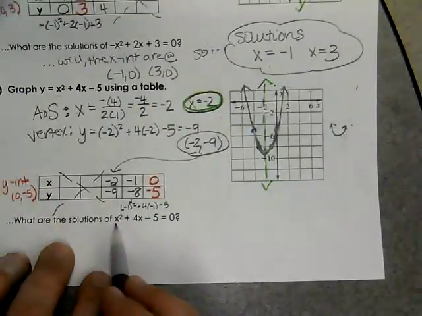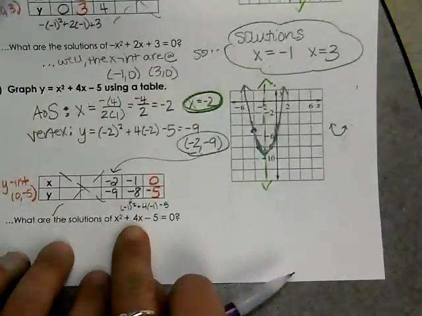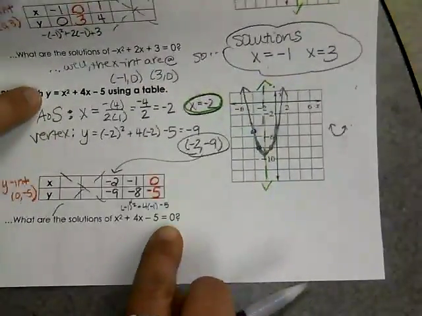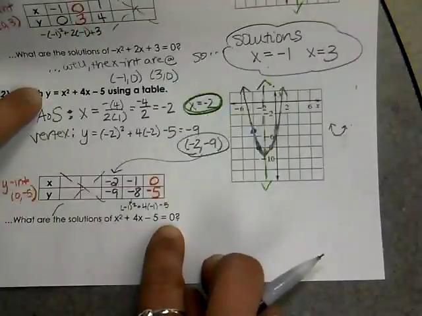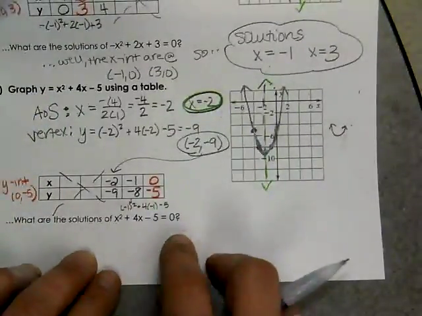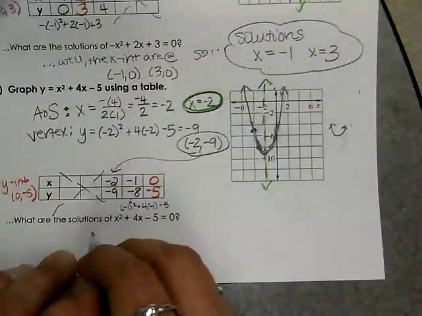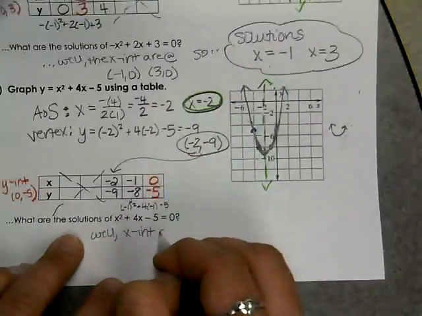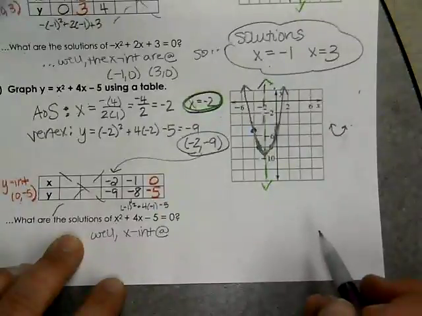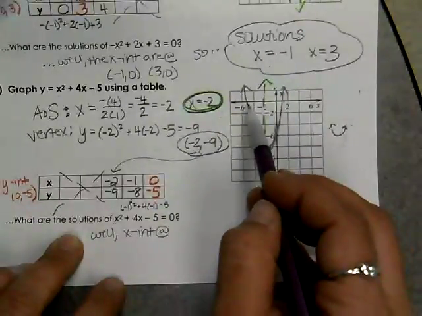Then it asks, what are the solutions of x squared plus 4x minus 5 equals 0? Well, the only thing that's different is that the y is replaced with 0. So once again, let's look at the x-intercepts. Well, we're kind of estimating, aren't we?